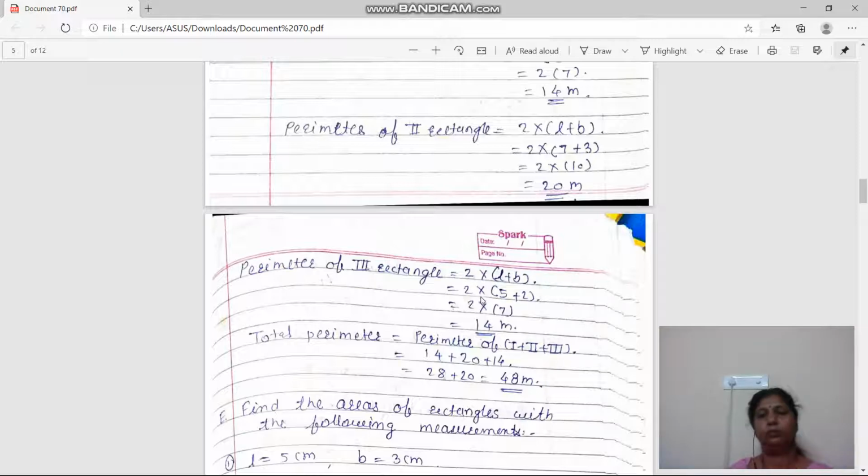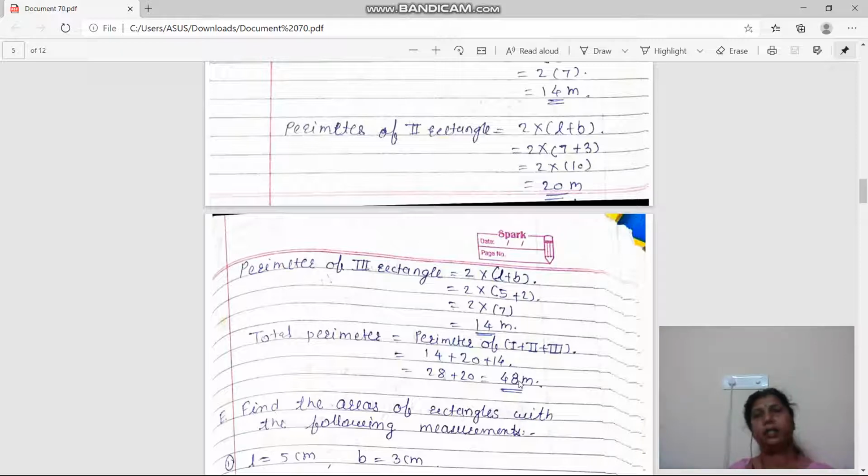So 2 multiplied by 5 plus 2 we get 7. 7 twos are 14 meter. Now total perimeter is equal to perimeter of first rectangle, second rectangle and third rectangle. So 14 plus 20 plus 14. So what we will get here? 28 plus 20 we get 48 meter.